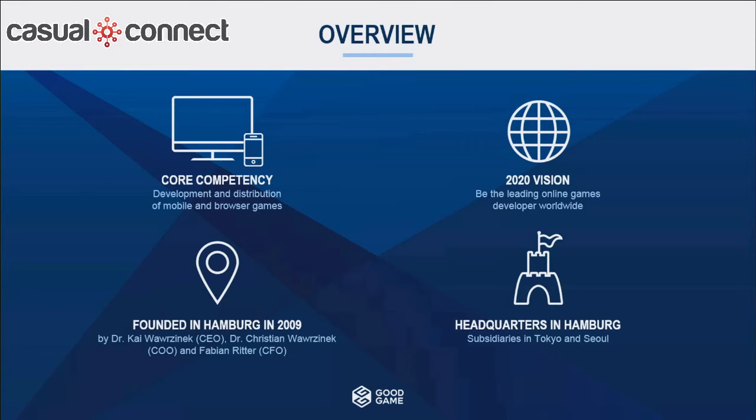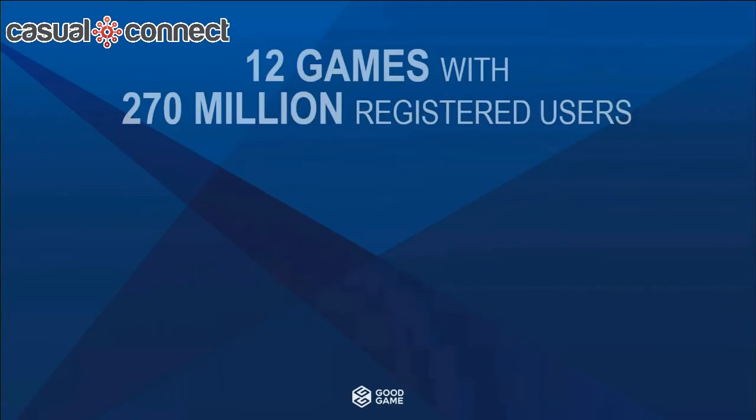Besides subsidiaries in Seoul and Tokyo, our headquarters is in Hamburg, where 1,200 plus employees work right now. The core competency of the company is development and distribution of mobile and browser free-to-play titles.